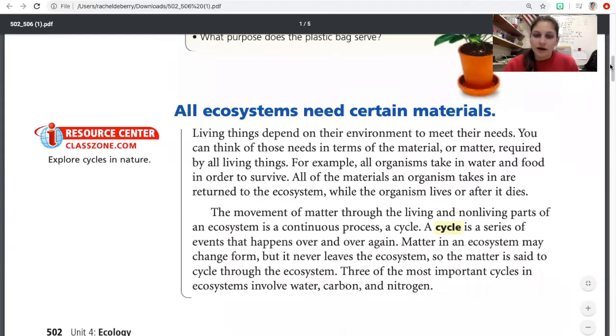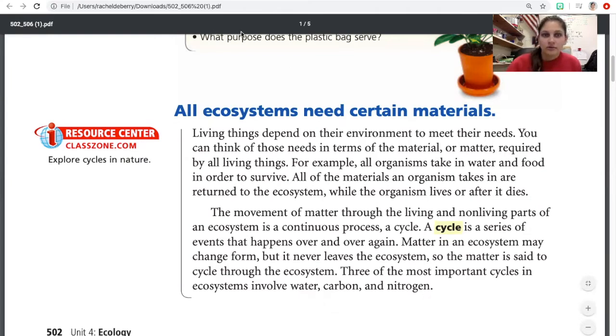The movement of matter through the living and non-living parts of the ecosystem is a continuous process, or a cycle. A cycle is a series of events that happens over and over again. Matter in an ecosystem may change form, but it never leaves the ecosystem, so the matter is said to cycle through the ecosystem. Three of the most important cycles in ecosystems involve water, carbon, and nitrogen.